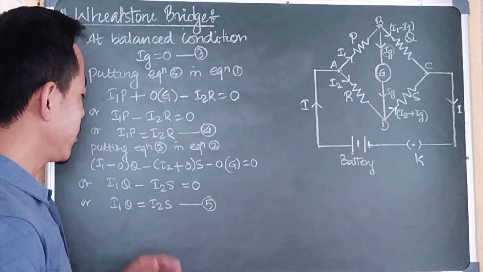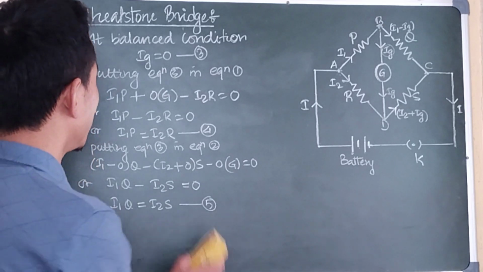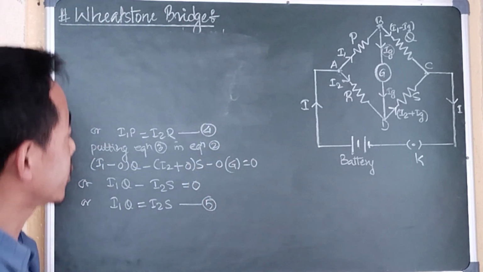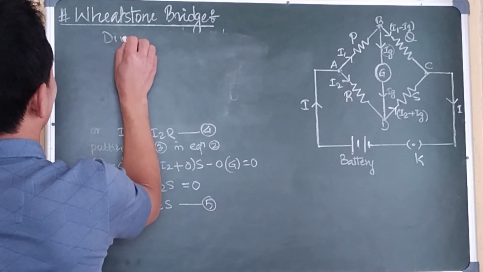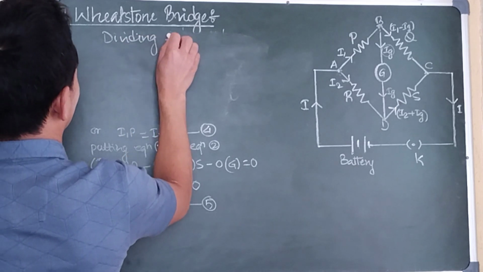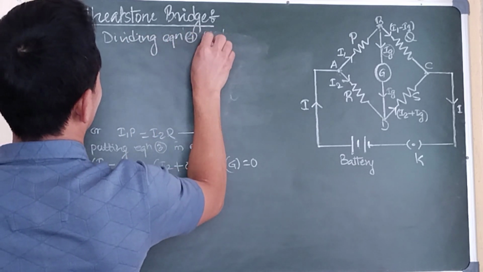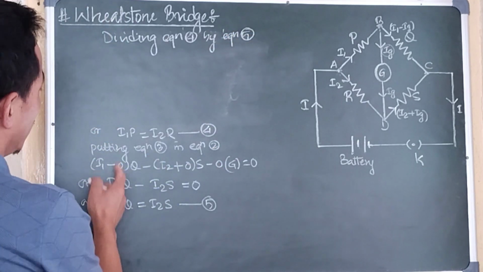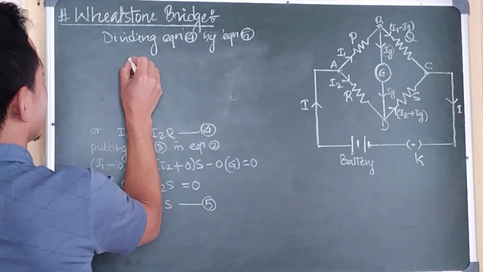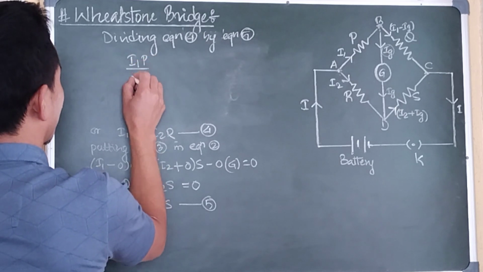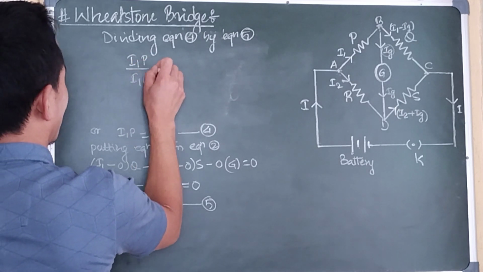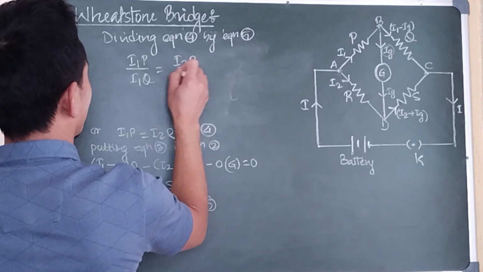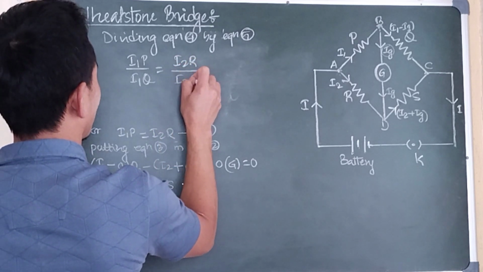Now let's divide equation 4 by equation number 5. Left hand side will be divided by the left hand side, so we have I1P divided by I1Q, and right hand side divided by the right hand side, so I2R divided by I2S.